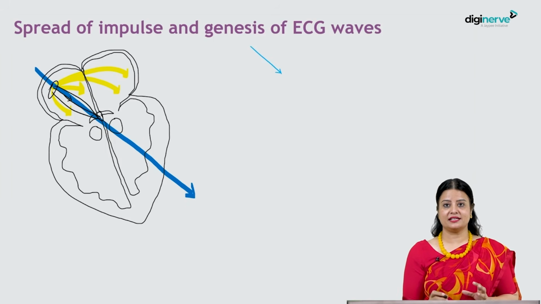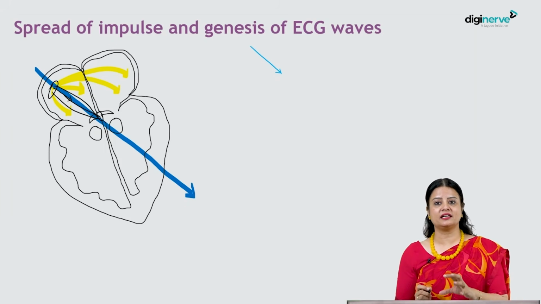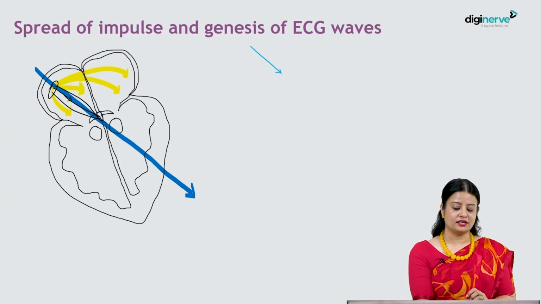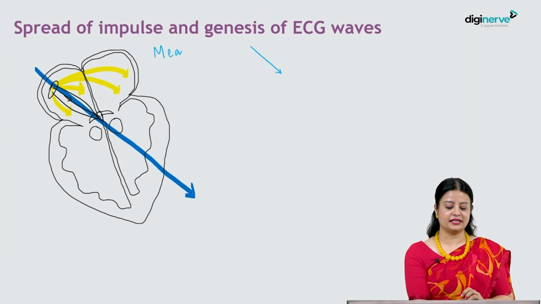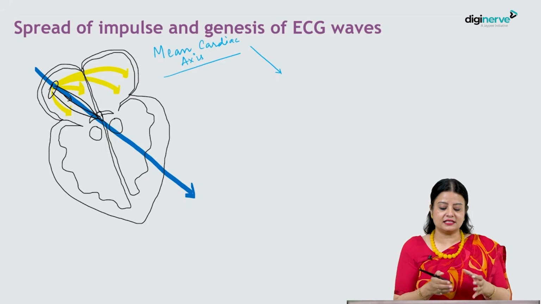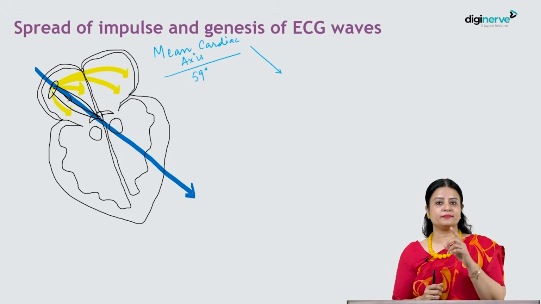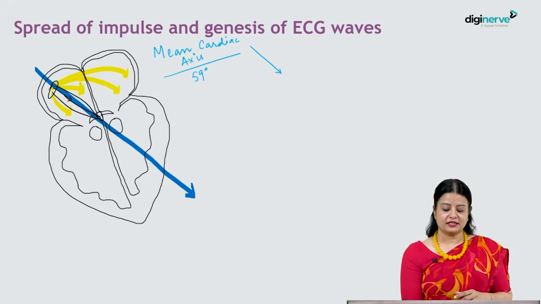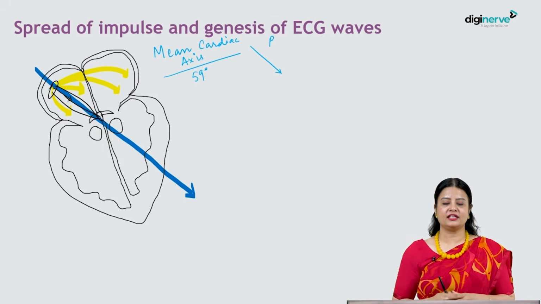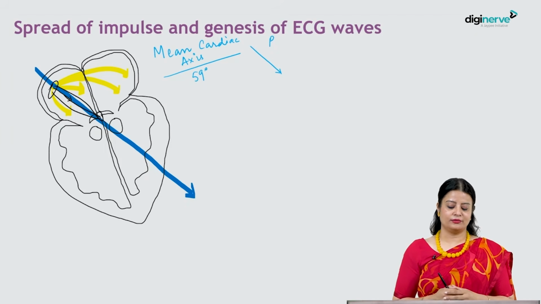Please remember this direction because this is the direction of the mean cardiac axis. So you should always remember the direction of mean cardiac axis, which is 59 degrees. So every time your instantaneous vector is in direction of mean cardiac axis, you are going to record a positive wave, right? So here for P wave, we have recorded this direction of the instantaneous vector.